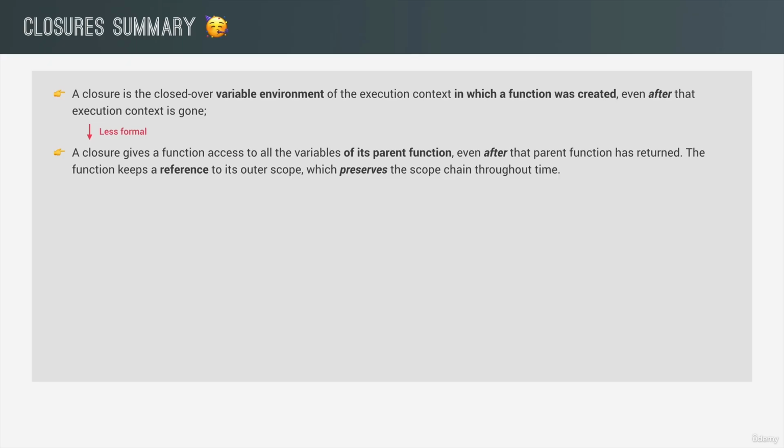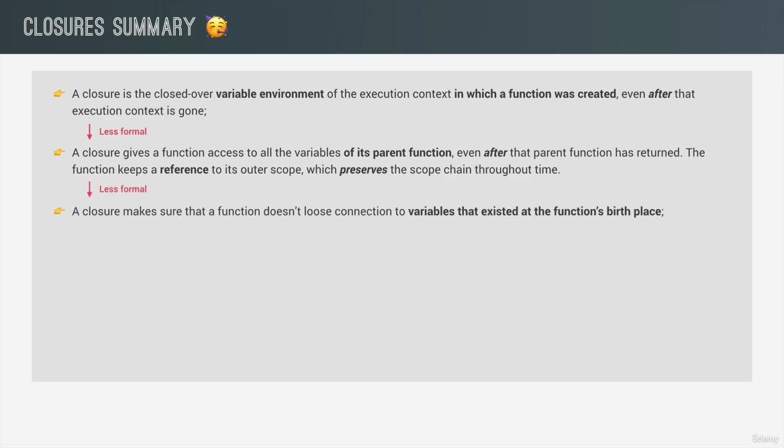Alright, another definition, or let's say analogy, is that a closure makes sure that a function does never lose connection to the variables that existed at the function's birthplace. It remembers the variables even after the birthplace is gone. It's like a person who doesn't lose connection to their hometown. In this analogy, the person is the function and the hometown is the function's parent scope, and the function then doesn't lose the connection to the variables stored in this parent scope.